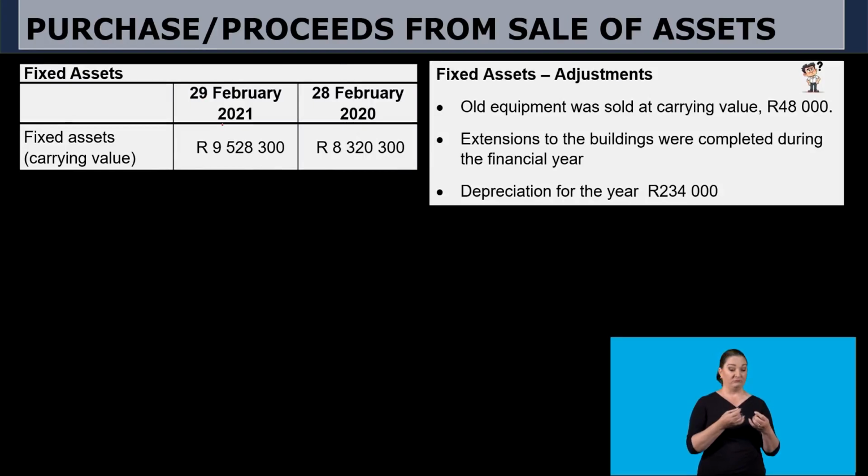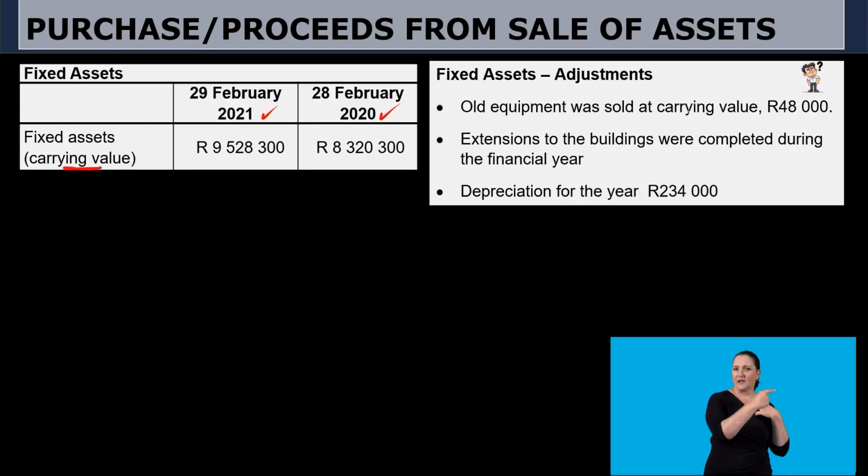The information that we're given reads, we have fixed assets in 2020 as well as in 2021. But what is of great importance? Remember, you need to read your information and understand it. Here, our fixed assets are at carrying value.